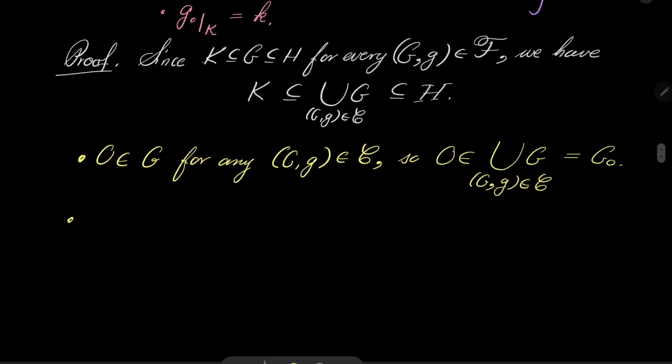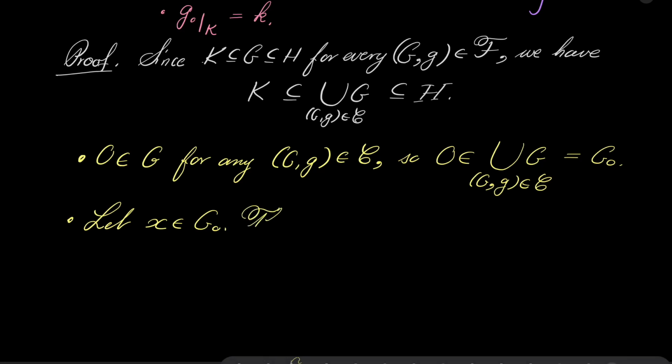All right, now let's suppose X belongs to G0. I wish to show that its inverse is also in G0. Well, then this element X is actually in some group G in our chain.